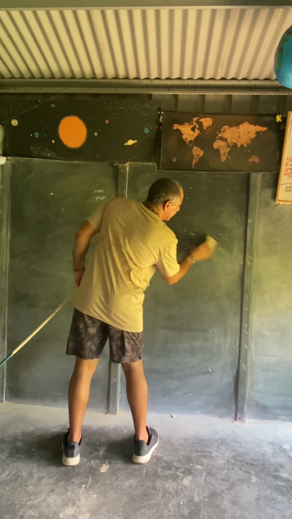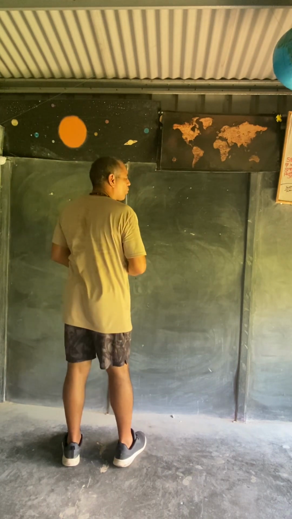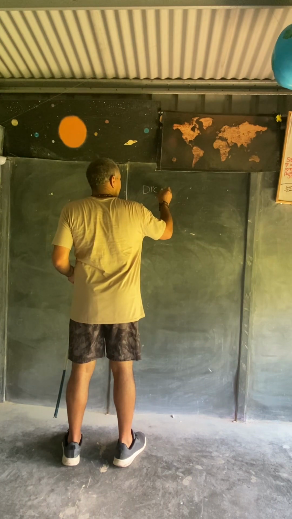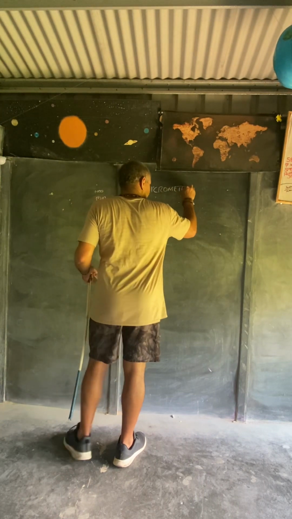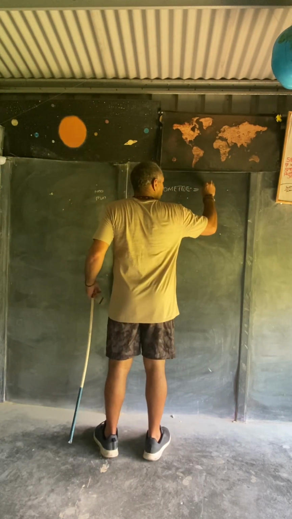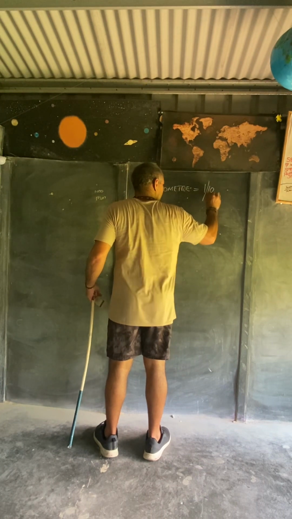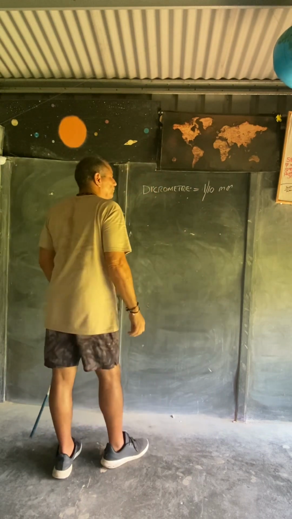So, a dimicrometre is 1/10 of a millimetre. Alright?